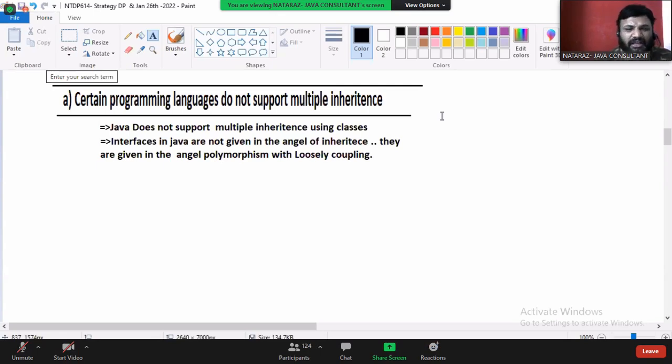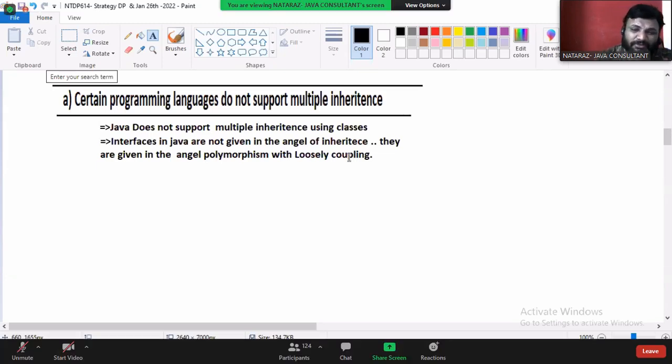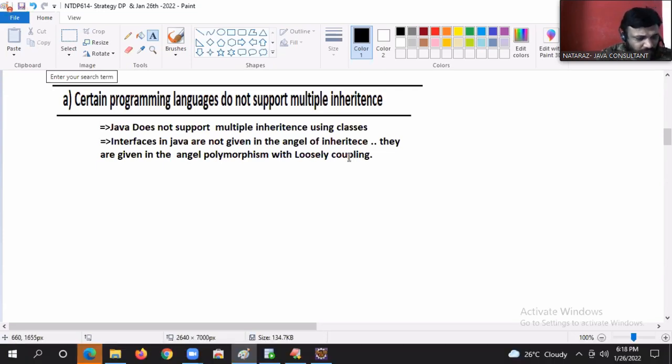Convinced with me? So that's why the interface is like this: one interface, one method declaration. In three classes, it is implemented in three different ways. Tell me, one method, multiple forms are coming or not?